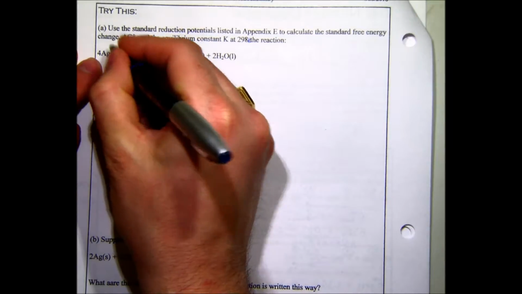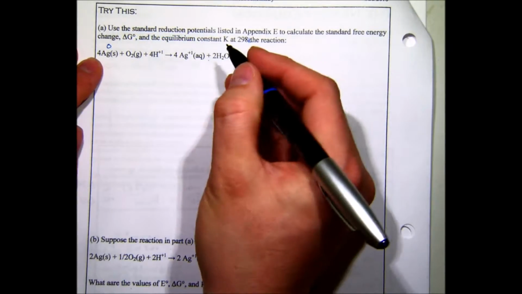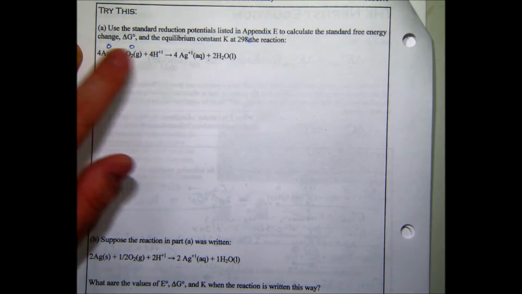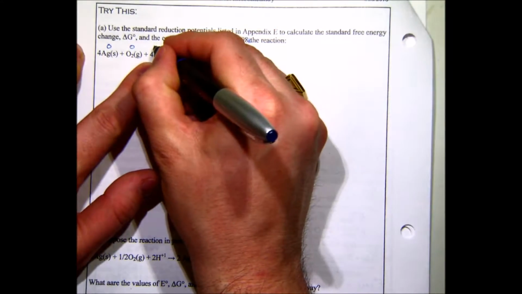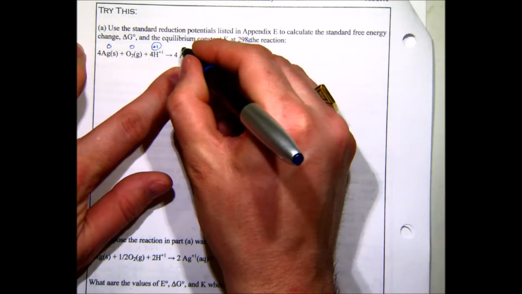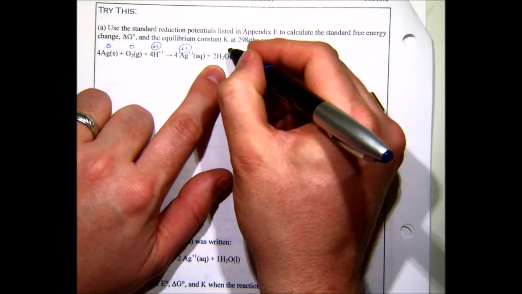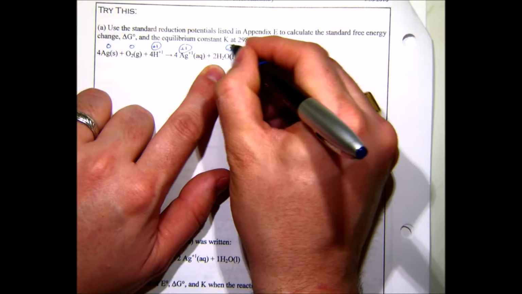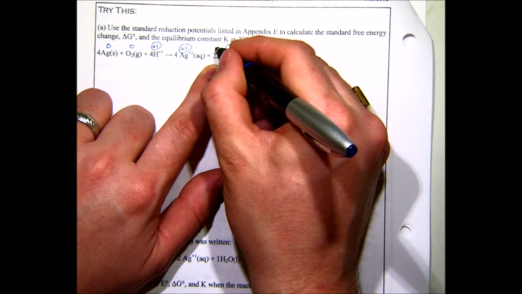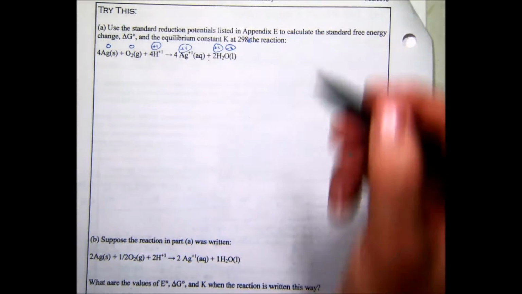So silver solid is as it appears on the periodic table, so it is 0. Oxygen as it appears on the periodic table, so it's 0. We have a metal ion by itself, so plus 1. And in water, we see oxygen as minus 2 and hydrogens as plus 1.